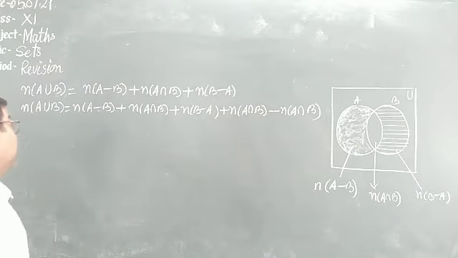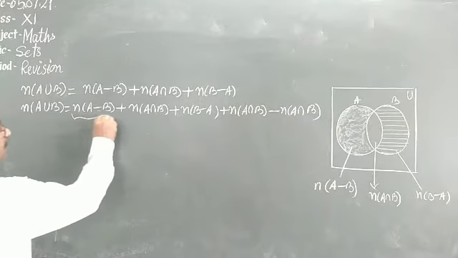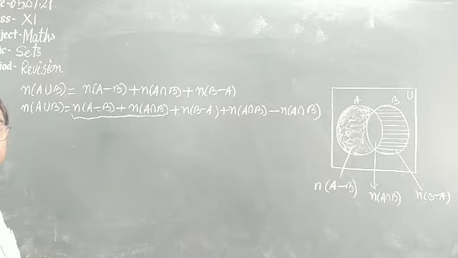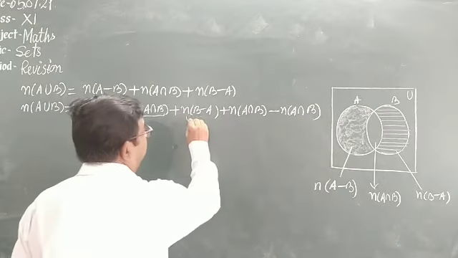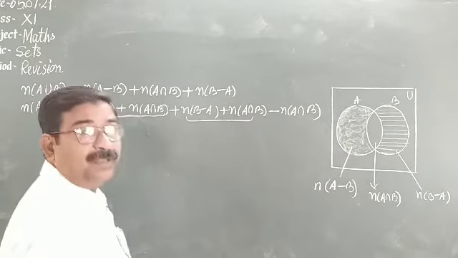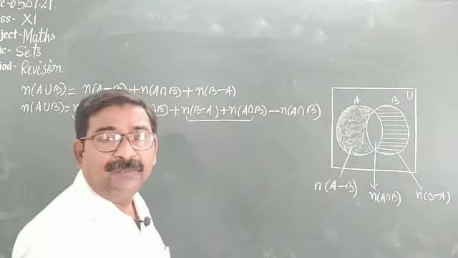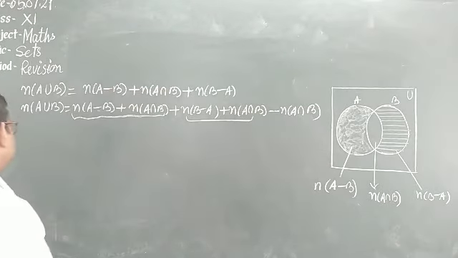Now let's see, if we combine A minus B with A intersection B, and combine B minus A with A intersection B, this one is left. So let's combine.